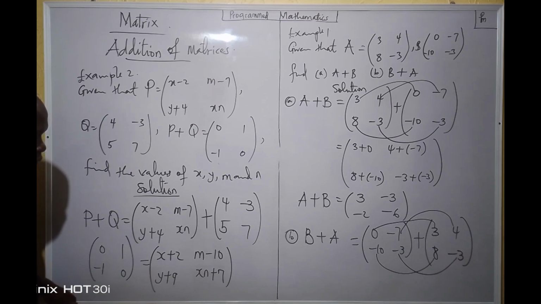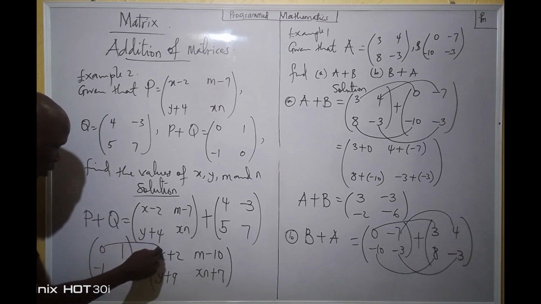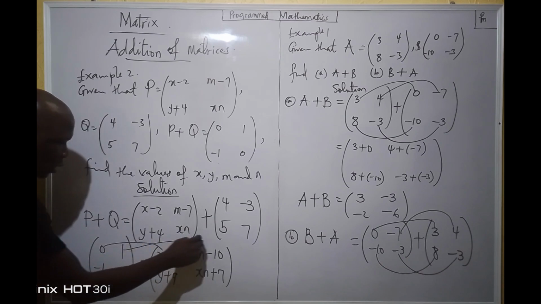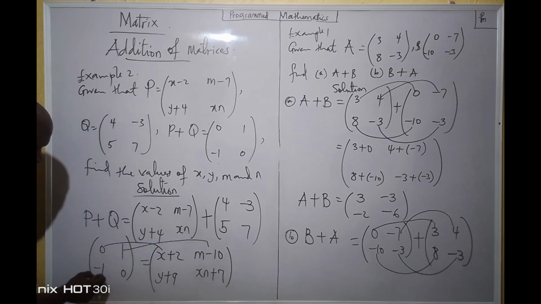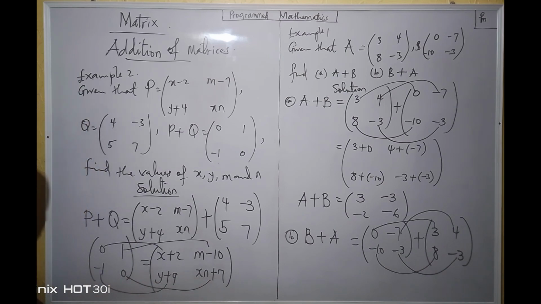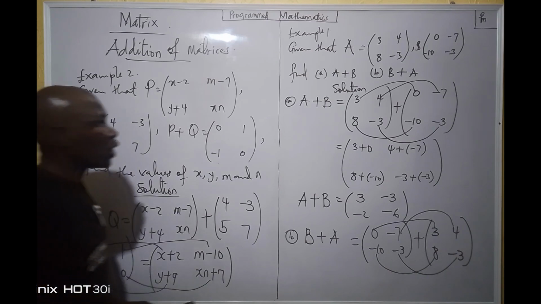Alright, so in this case here, what then do we need to do? This is just simply saying 0 and x plus 2 are the same, 1 and m minus 10 are the same, minus 1 and y plus 9 are the same, 0 here and xn plus 7 are also the same. So we can use that relationship now to find the values of x, y, m, and n.